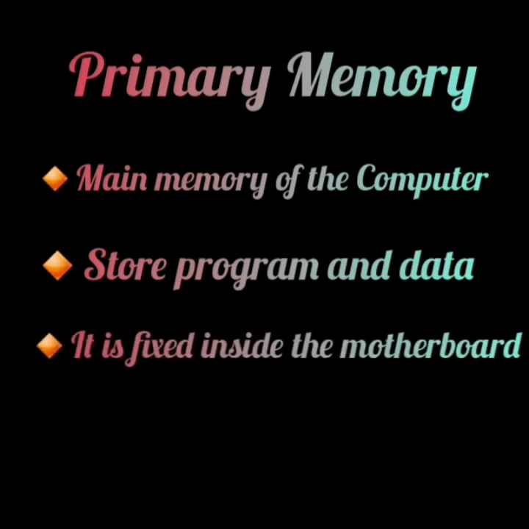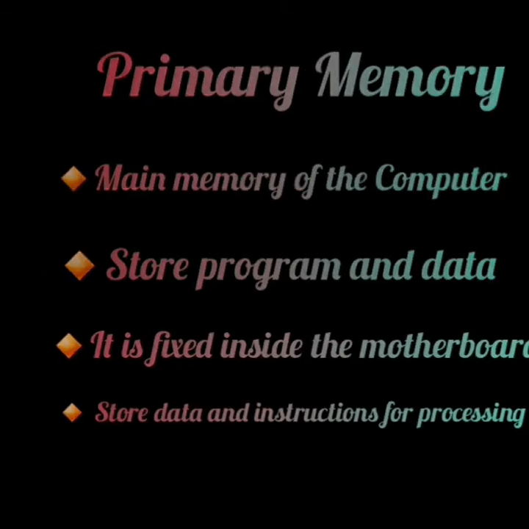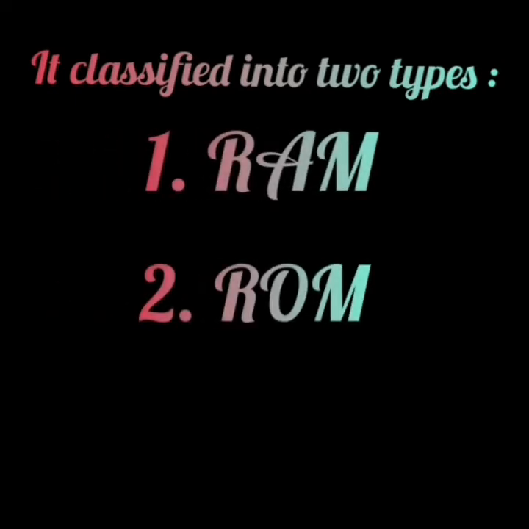It is fixed inside the motherboard and inside the CPU. Primary memory stores data and instructions for processing. It is further classified into two types: first, RAM, and second, ROM.